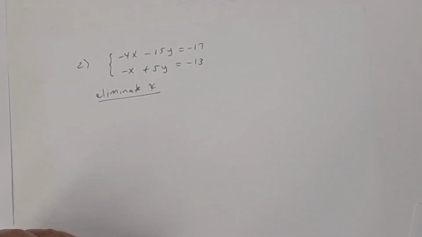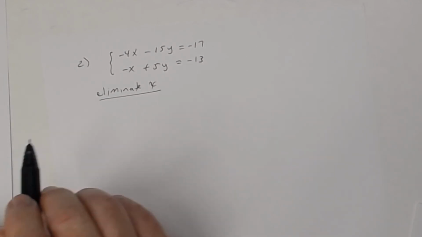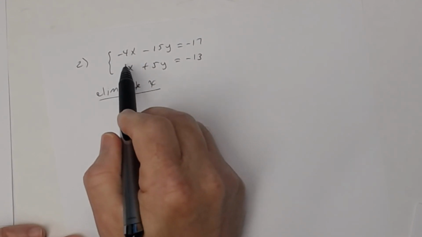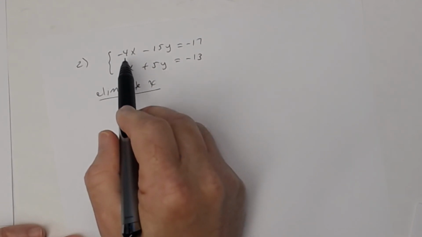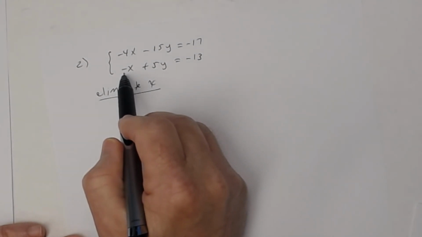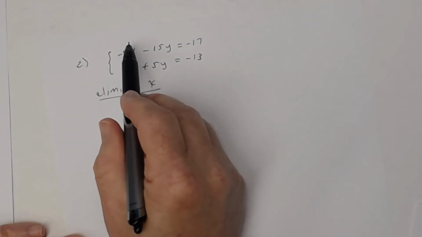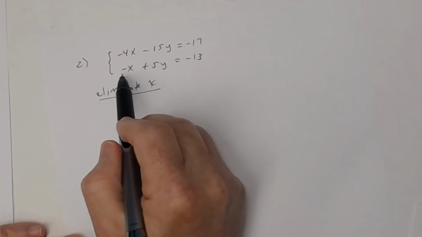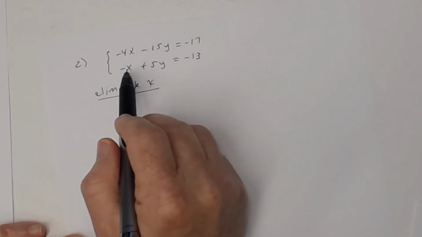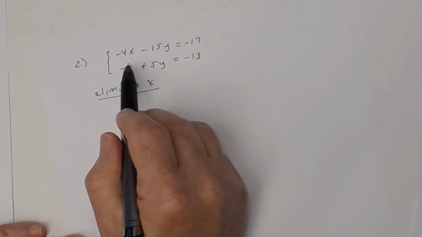Either you could say 4 or you could say negative 4. It doesn't matter. Now, notice that this is already a negative 4. Remember, you want these to be opposite, so if you want this to be a negative 4, then you want this to be a positive 4. Because if you add a negative 4x and a positive 4x, you get 0. So I need this to be a positive 4 here.